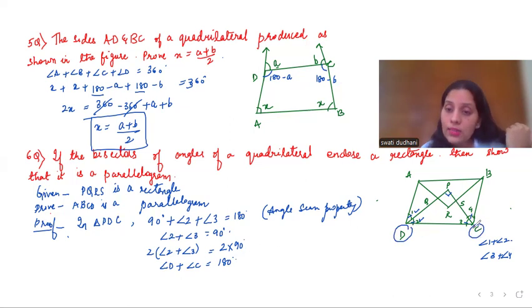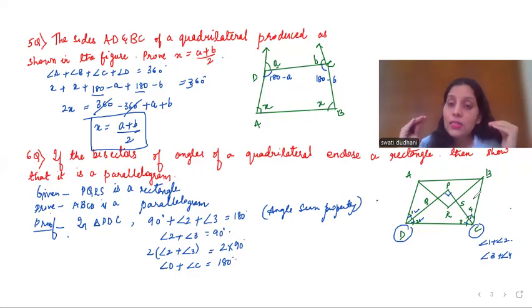But what are these angles? These are co-interior angles. So we have proved that co-interior angles are supplementary. Generally, if the lines are parallel, the transversal properties give angles that are equal or supplementary.